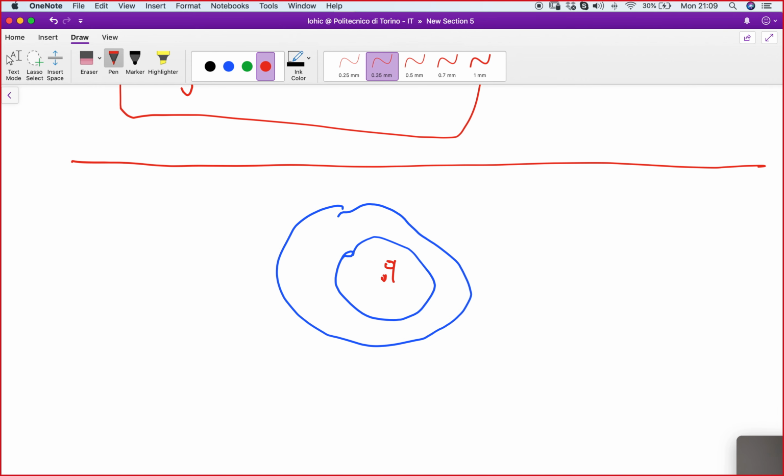Now we know that whatever we do, we should arrange the charges such that the electric field here gives 0.